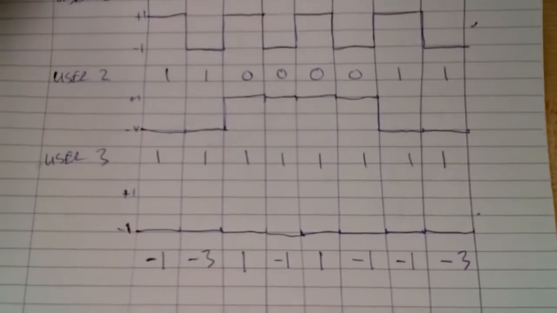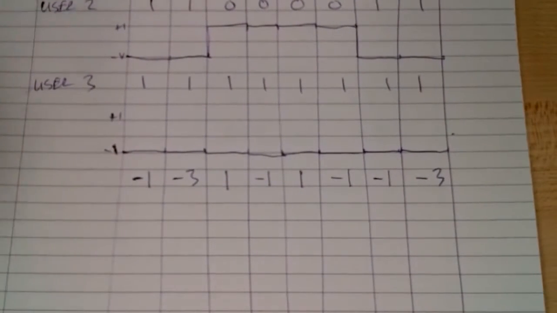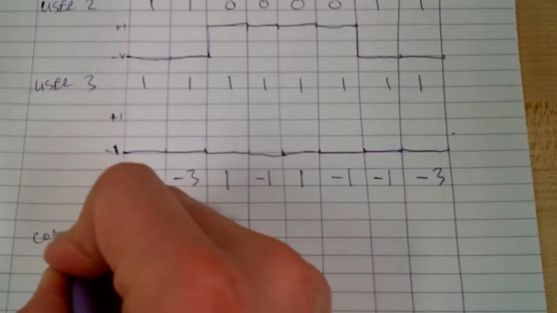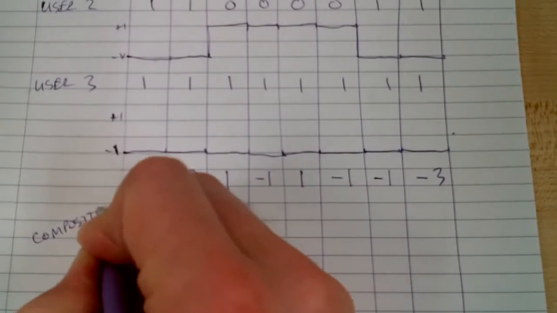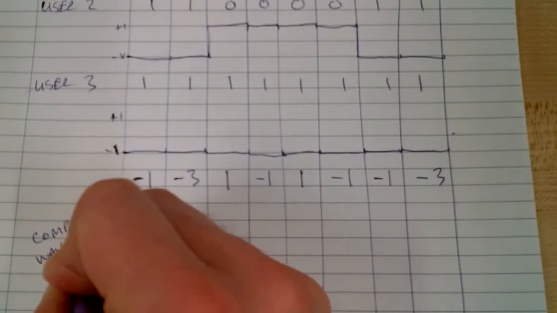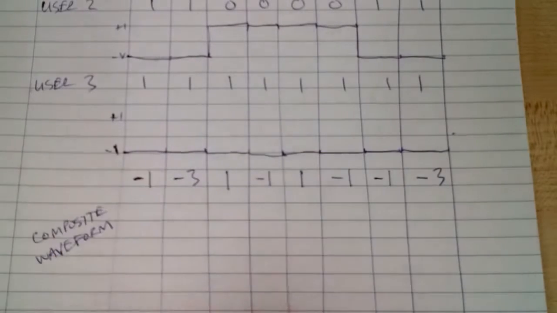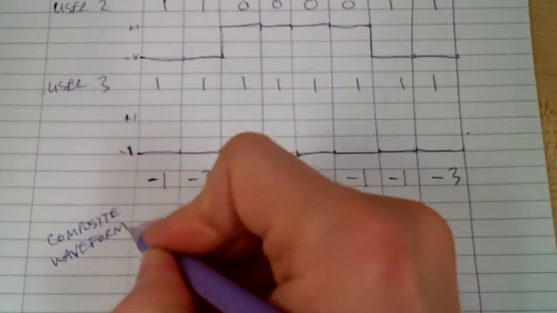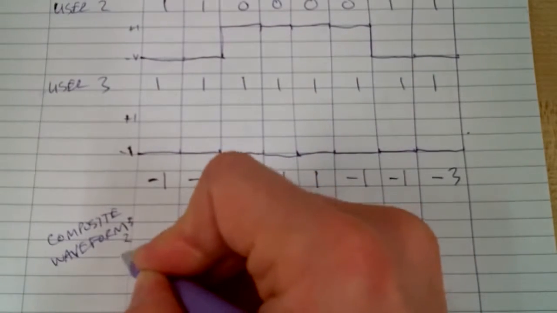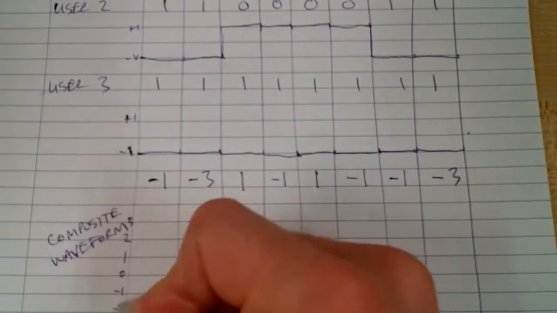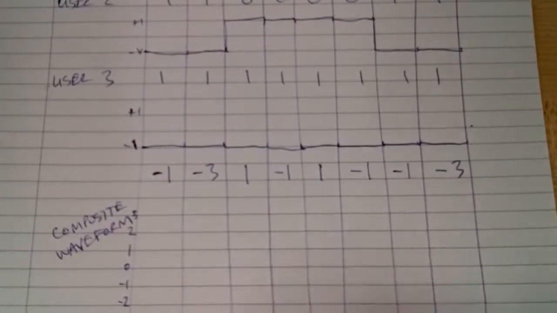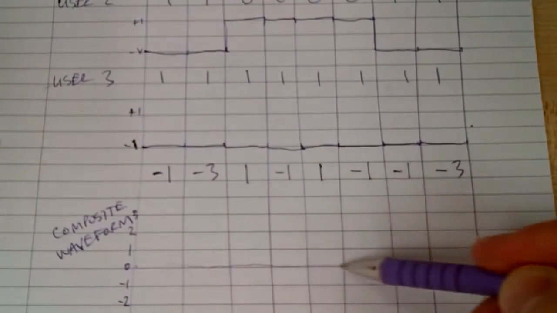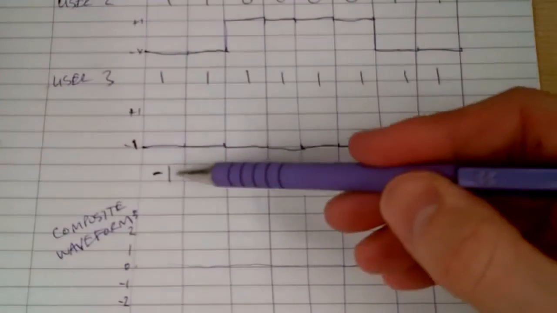So if we wanted to create a composite waveform, so this would be the waveform that every single user receives. So if we have, let's say, 3 volts, 2 volts, 1, 0, -1. So 0 would be here. I'm going to represent this -1.